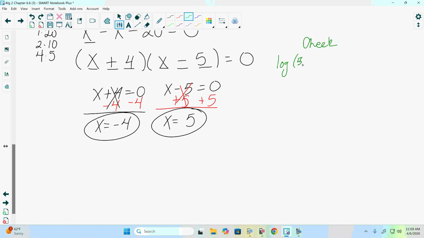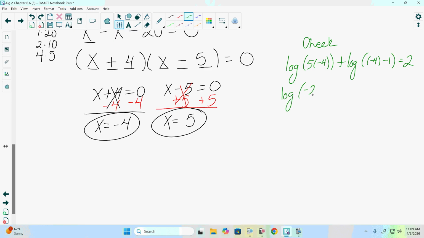Log of 5 times negative 4 plus log of negative 4 minus 1 is supposed to equal 2.